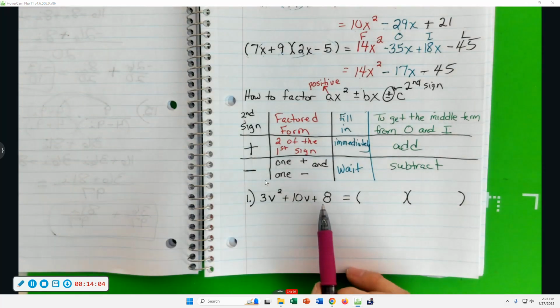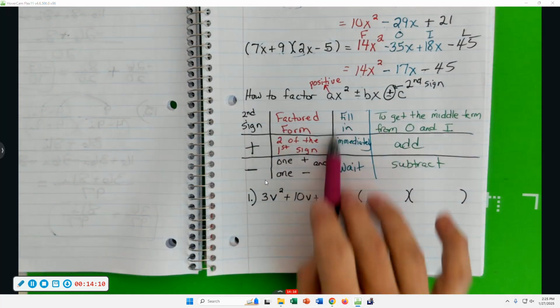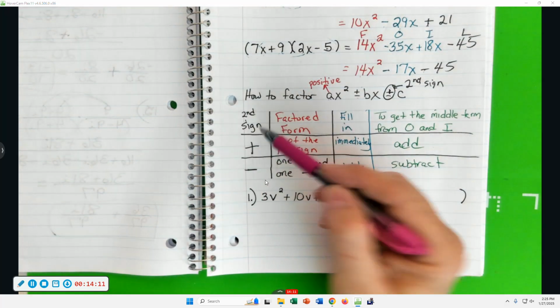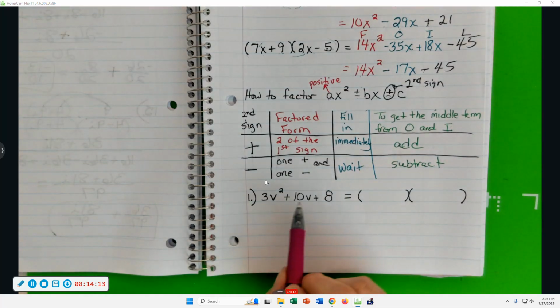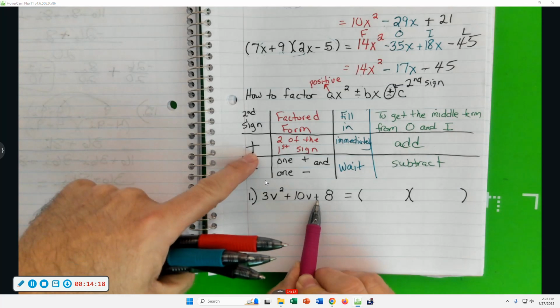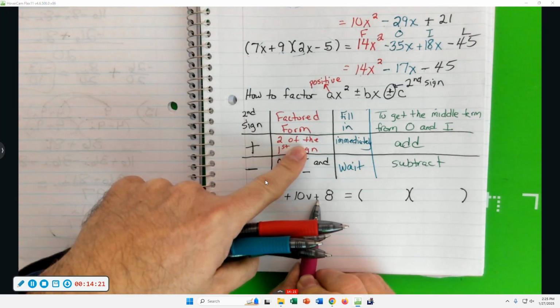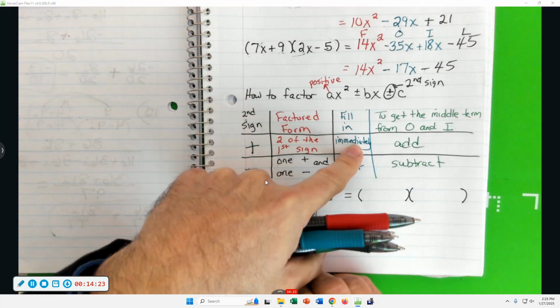Now we know something about the signs inside those parentheses. Let's look at the second sign. What's the second sign here? That's plus. If the second sign is plus, the factored form has 2 of the first sign, so fill it in immediately.